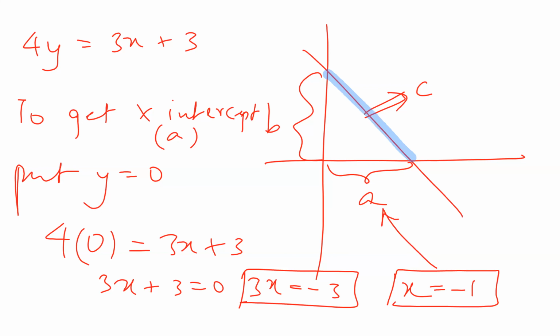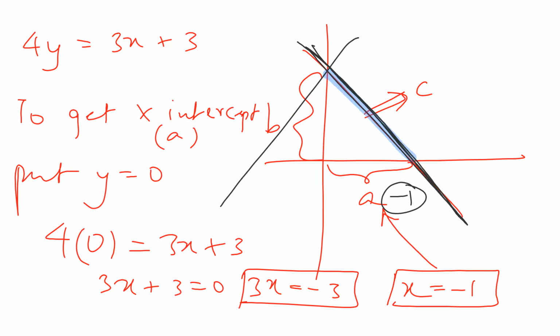A is minus 1. So we got the value of a as minus 1. But then if a is negative, I think the line which I have drawn as an example is incorrect. It should have been like this. But that doesn't matter because we are anyway finding out distance C.